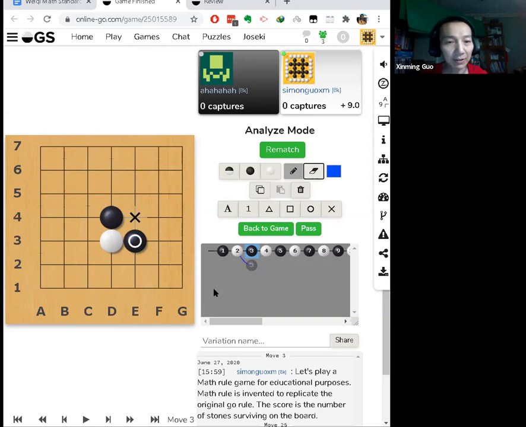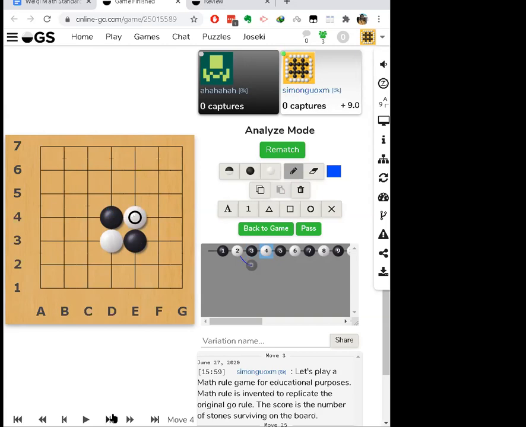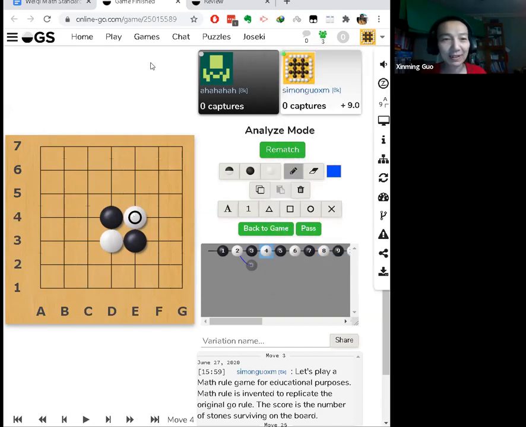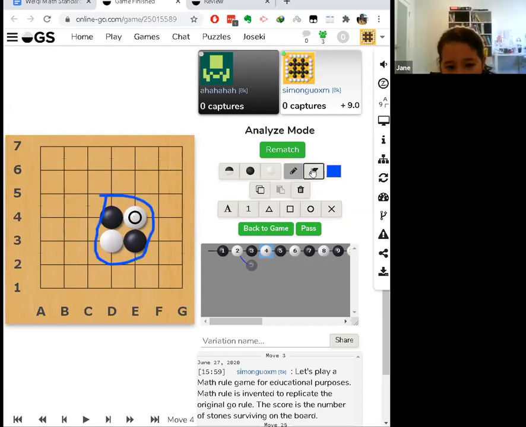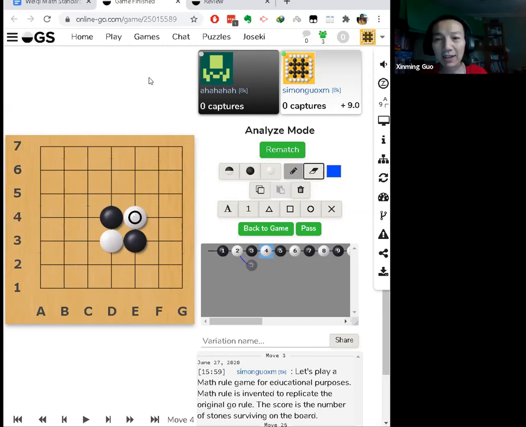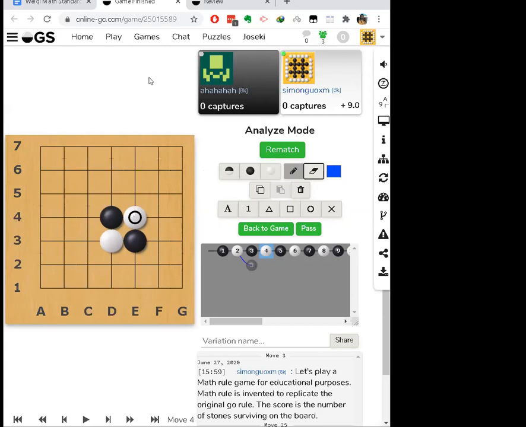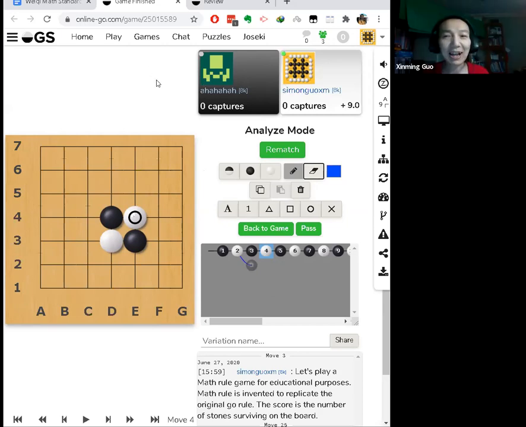Let's see what will happen. White plays here. Jane, do you know the name for this situation? Crosscut. Yes, it's called a crosscut. That means there are usually 4 stones, everybody separated from each other.